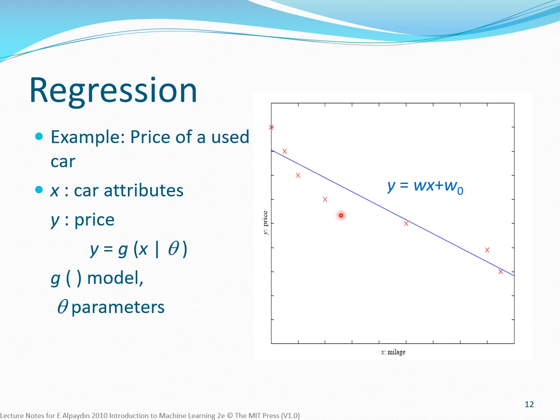This figure shows the model is linear and w and w0 are the parameters optimized for best fit to the training data. A training data set of used cars and the function fitted. For simplicity, mileage is taken as the only input attribute and a linear model is used.